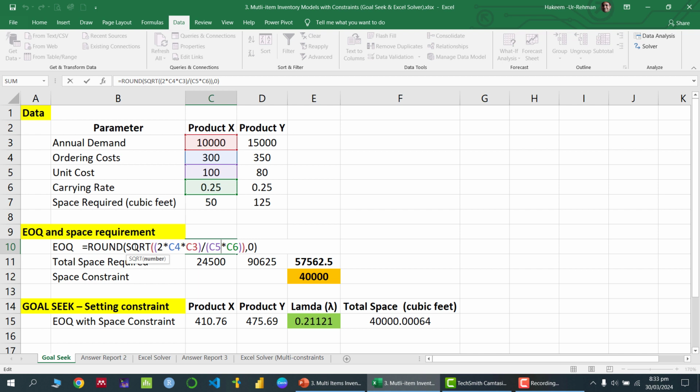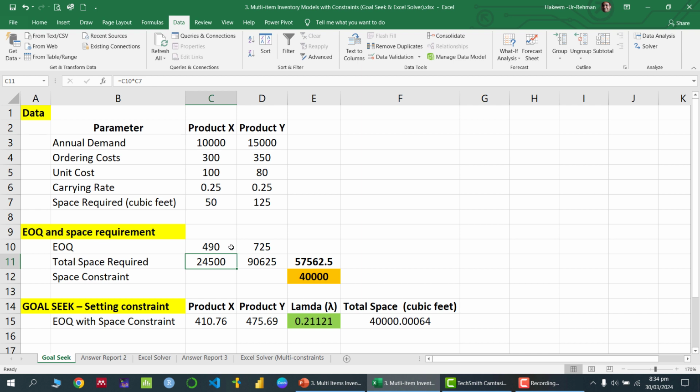So I'm saying square root of 2 times C4, which is the order cost, the single item economic order quantity formula, multiplied by the annual demand divided by unit cost multiplied by carrying rate. So I'm finding the economic order quantity, the optimum order quantity without the space constraint for product X.